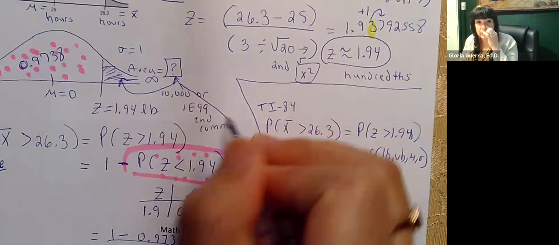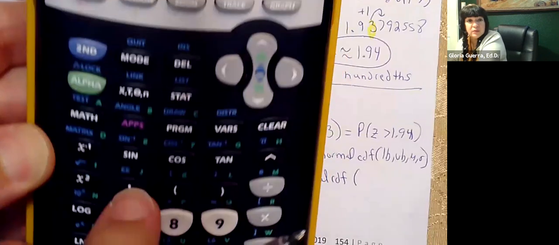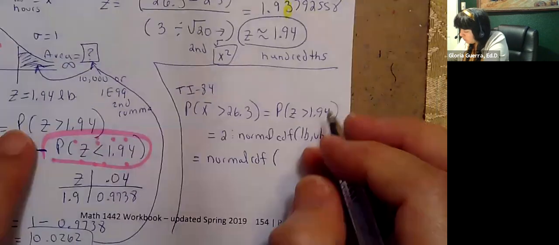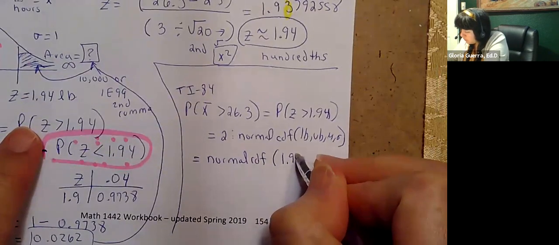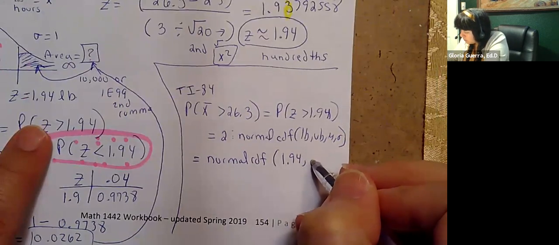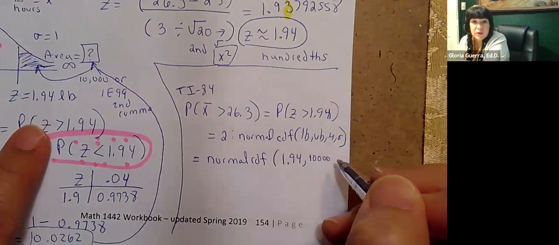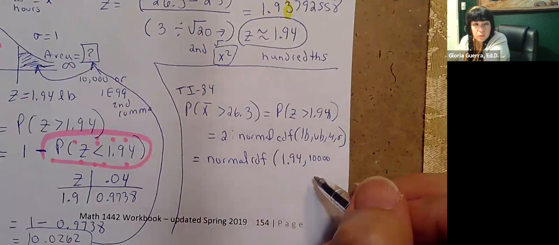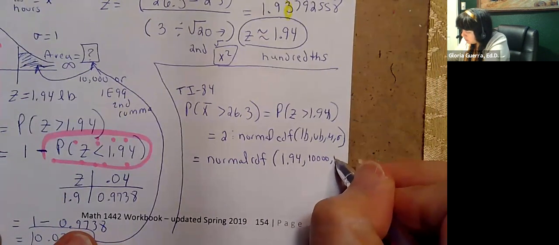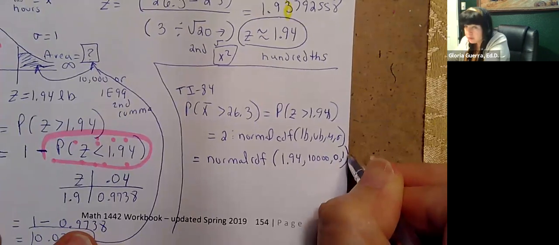If you look at your second and your comma, that has the EE on there. So we have 1.94, and then 10,000 or 1E99, and then mu is 0 and sigma is 1.